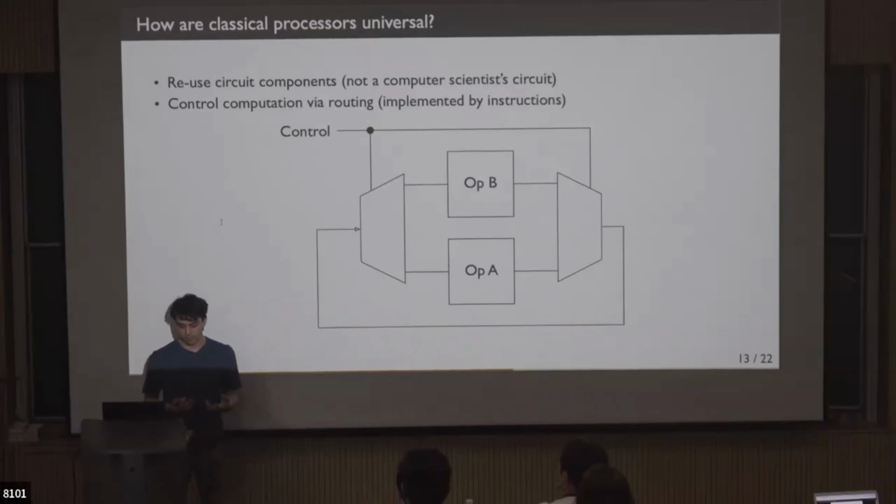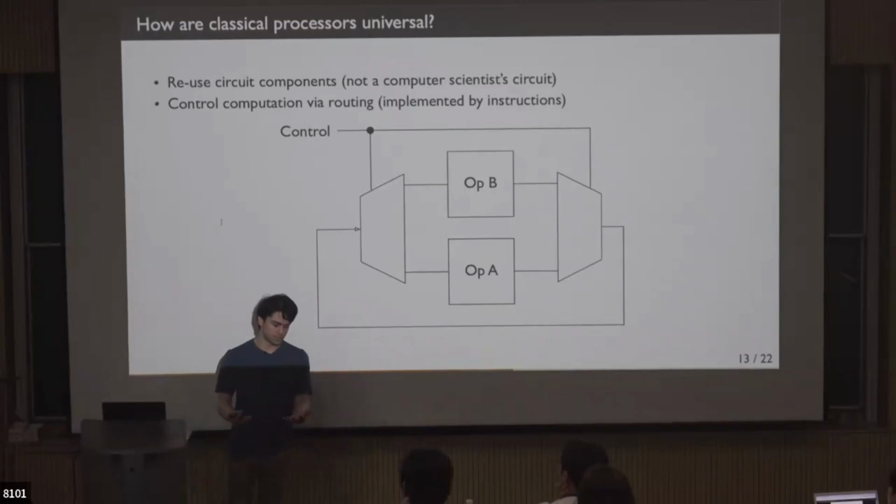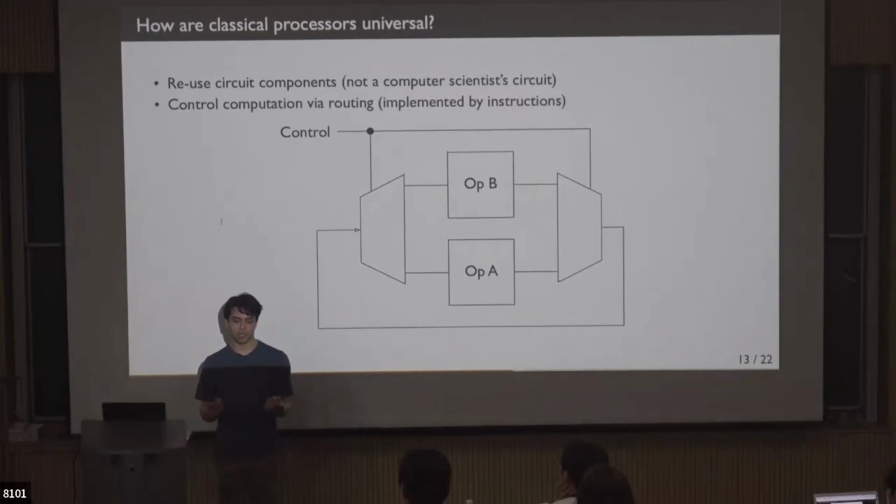The general idea is that you need to reuse components. With classical processors, you'd say, okay, that's a circuit. But actually, they're not quite the computer scientist's circuit, right? In particular, they're reentrant. The output of the circuit can be fed back into itself.